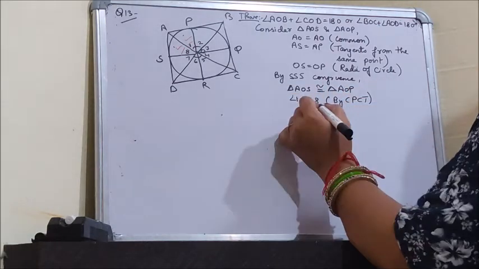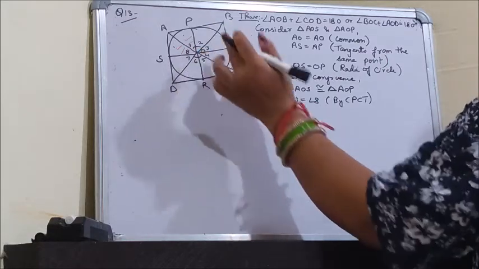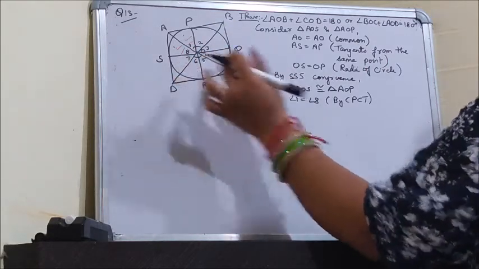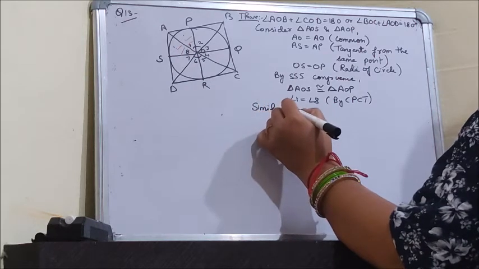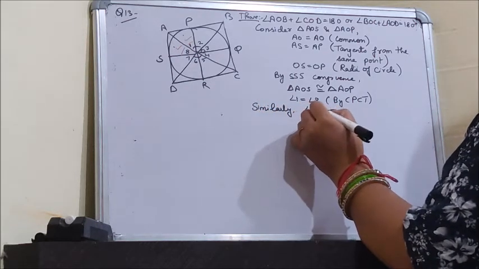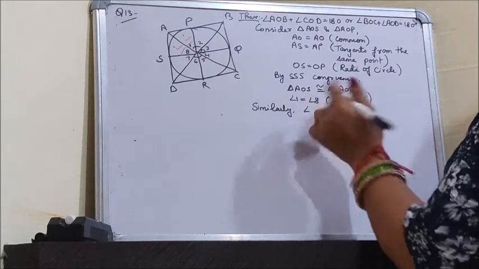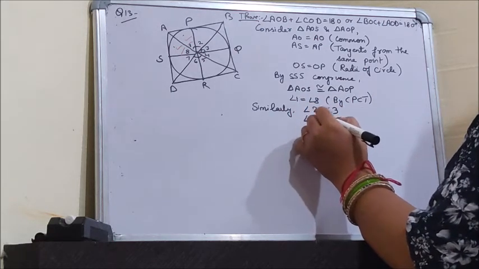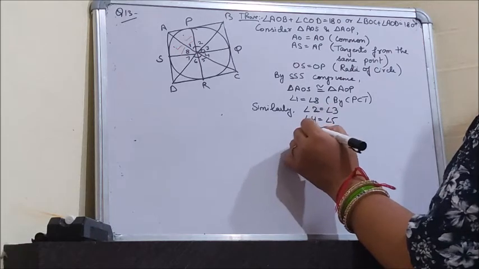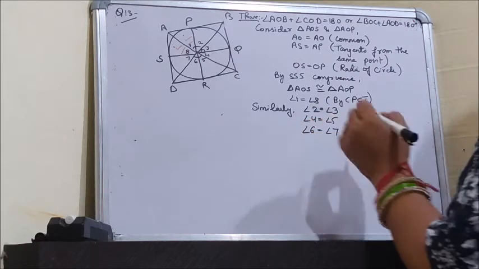Similarly, these two triangles can be proved congruent, these two triangles and these two triangles. So you can write similarly, angle 2 is equal to angle 3, angle 4 is equal to angle 5, angle 6 is equal to angle 7.